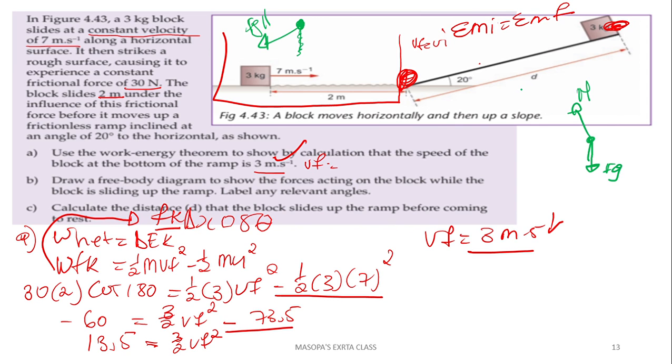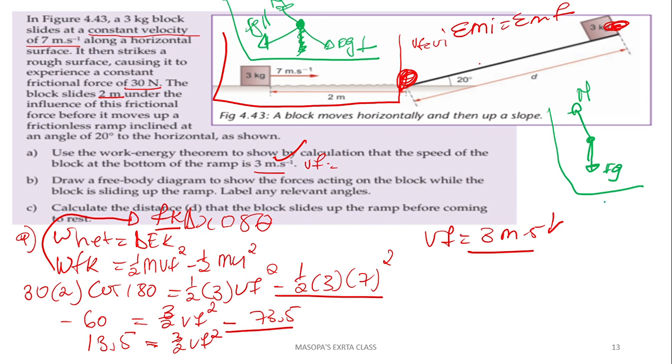That's your free body diagram, right? But this one is what you're going to use when we're calculating. Meaning that you're also going to have a normal force and Fg perpendicular and Fg parallel. So this one is what we use for calculation. Normally they won't ask you to draw this one, they ask for the free body diagram.